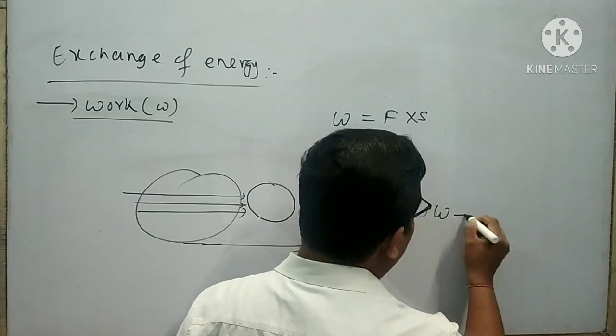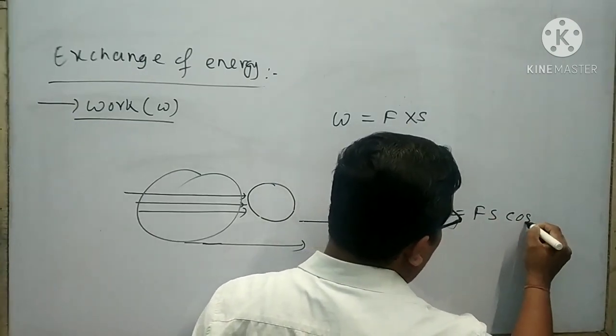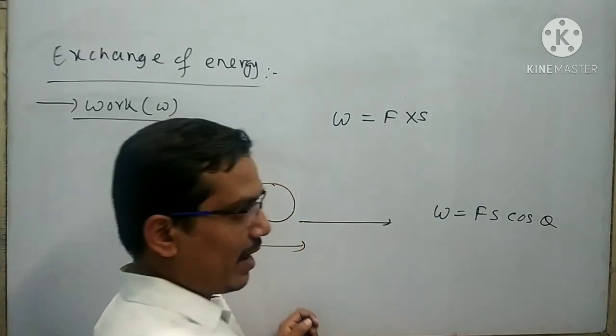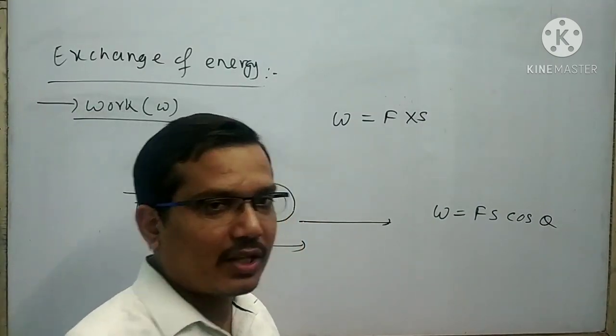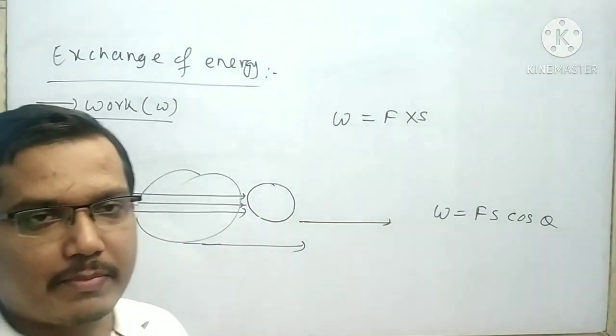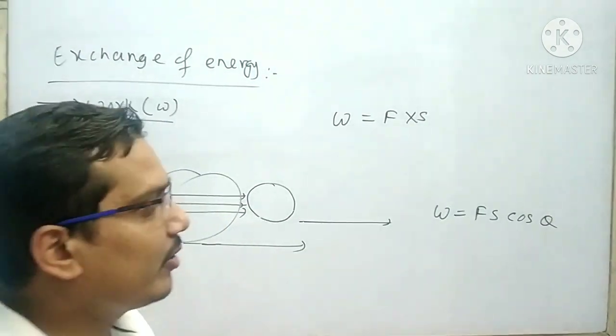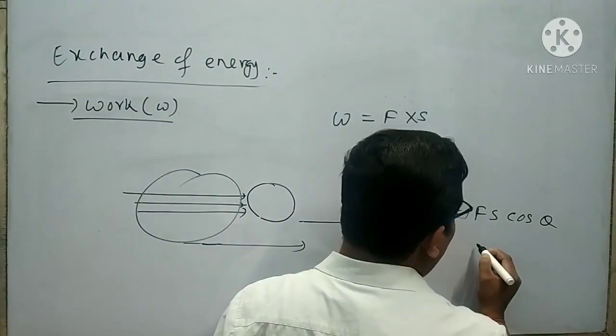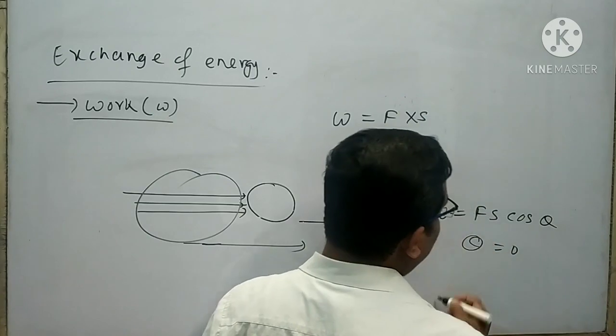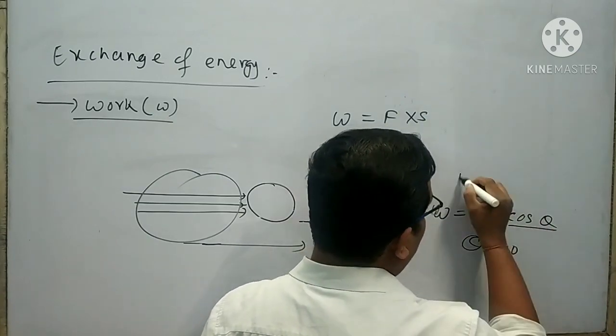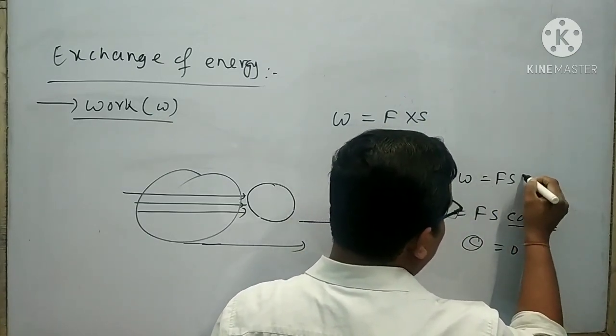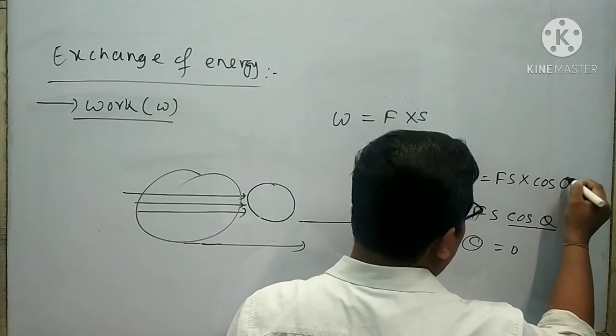Generally, we know that W is equal to F S cos theta. In chemistry, generally the reaction does not depend upon the angle. So here the angle theta equals 0. So here I can put W equal to F S into cos 0 degree.